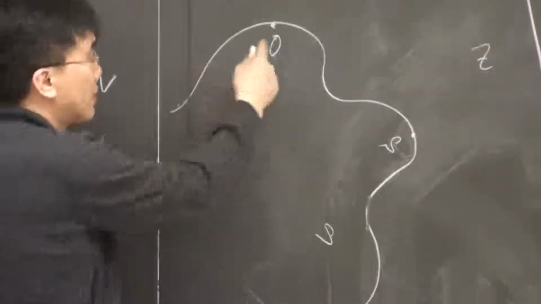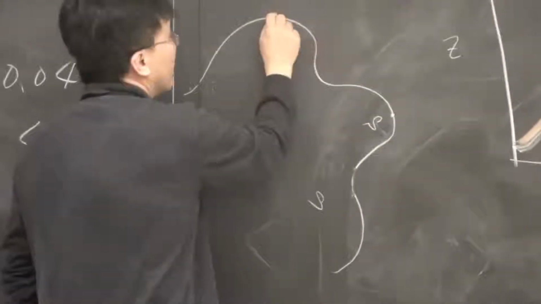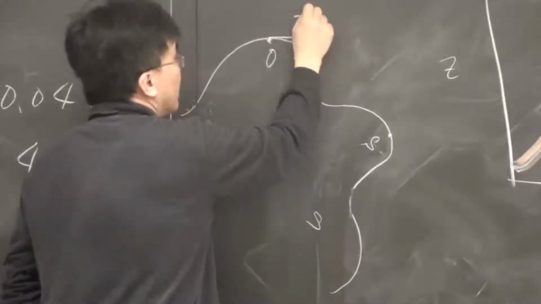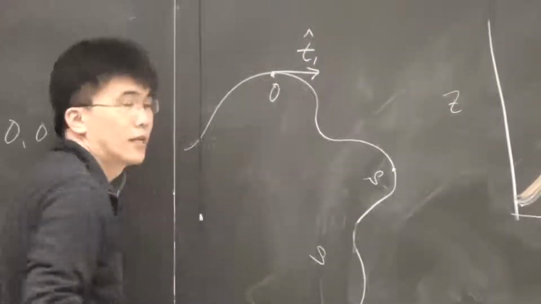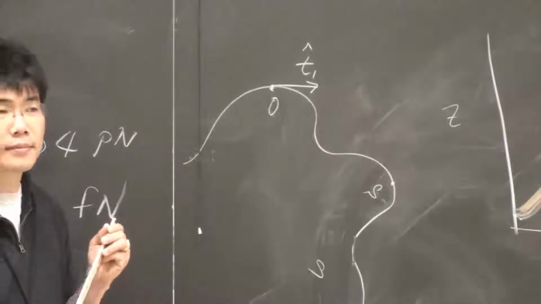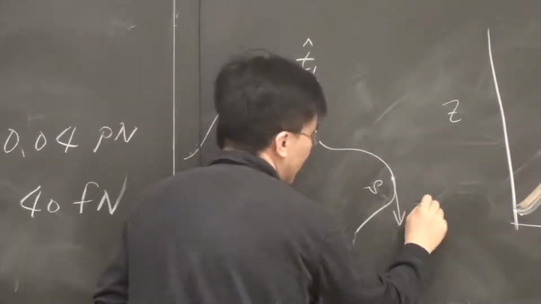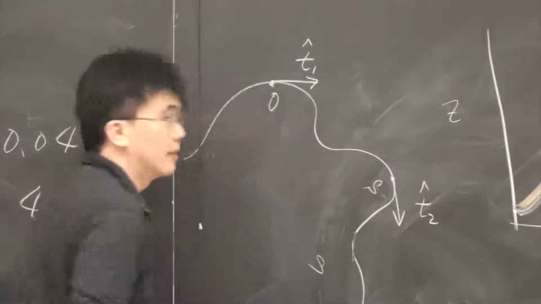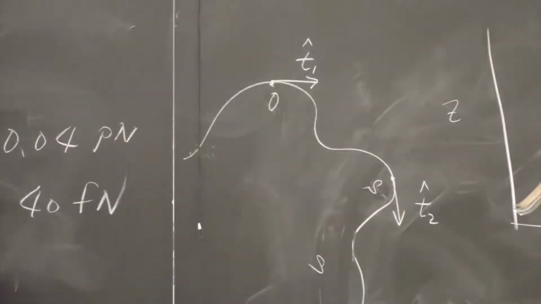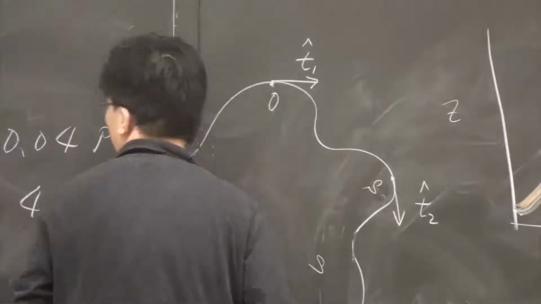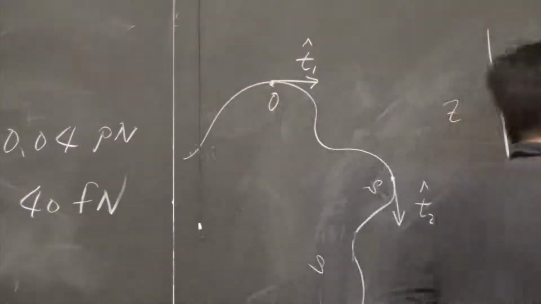So that along this direction, that's 0 and then S. And then here you can define a tangential vector T1. And here also you can define a tangential vector T2.